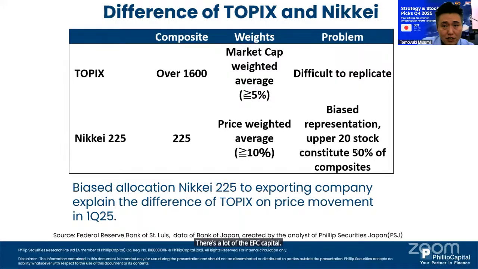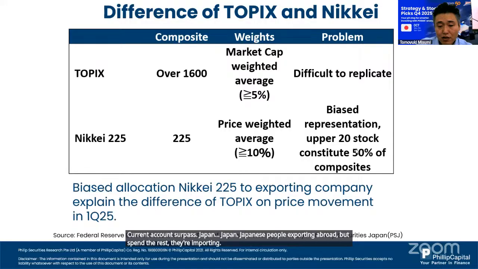Before the bubble sparked, there was a lot of corporate expenditure, but household consumption was not growing well because we see a current account surplus. Japanese people were exporting abroad but spending less and importing less.